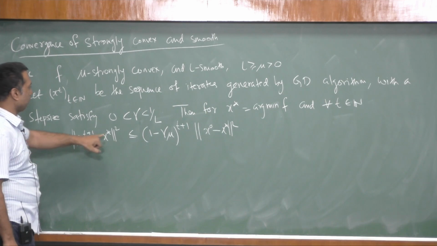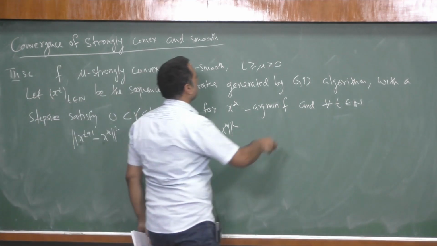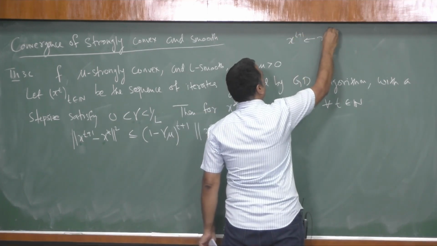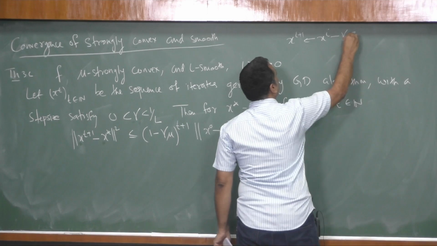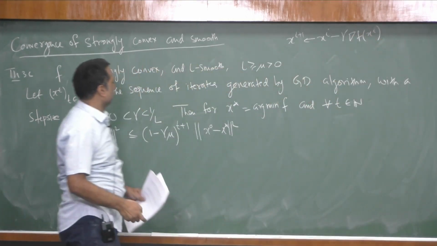And if the learning rate in the gradient descent algorithm, okay, so gradient descent is just one line, right? x i plus 1 equals xi minus gamma grad f at xi. This is gradient descent.